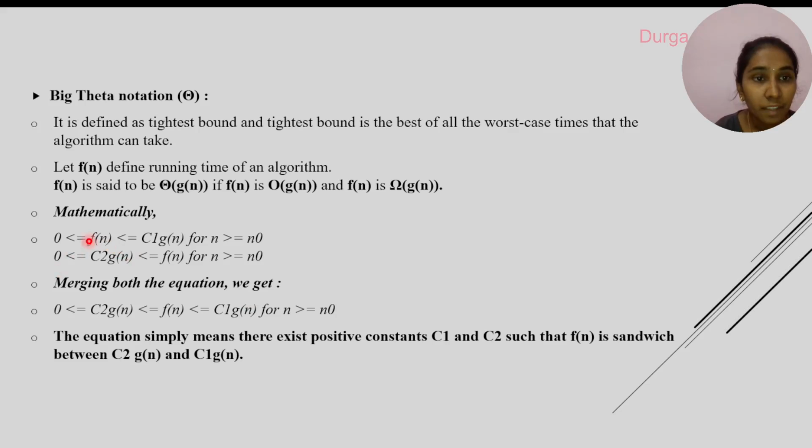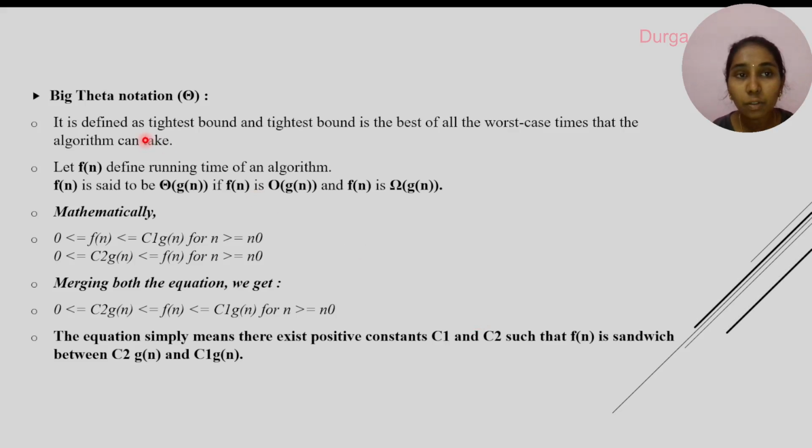By seeing this diagram we can write this. f of n less than or equals to c1 g of n for n greater than or equals to n naught. The equation simply means there exists positive constants C1, C2.